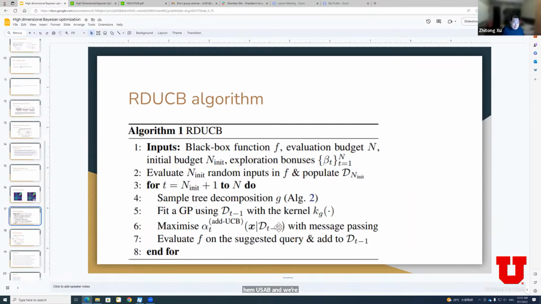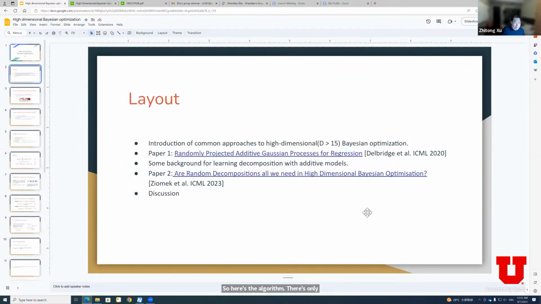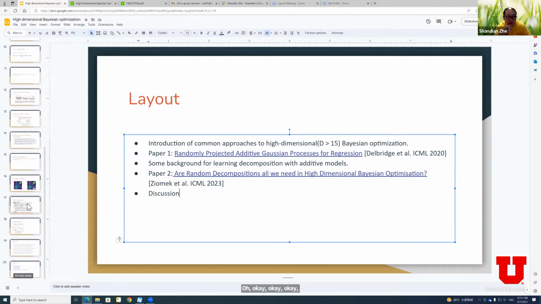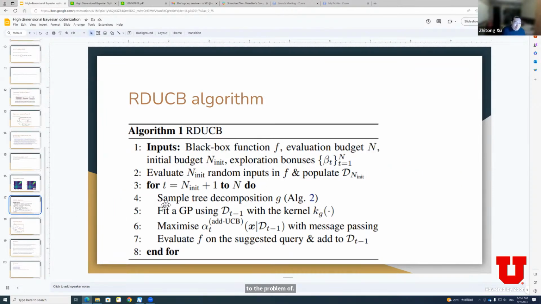So here's the algorithm. Which paper is this algorithm from? This one is from 2023, SAML. Oh, okay, this year's. They're talking about the problem of... So what they do is, instead of learning the decomposition, they just sample a tree, and this is completely random.